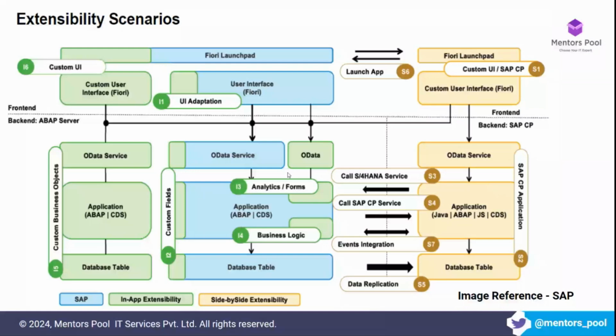The application layer also stays the same no matter which technology it is developed in. You just change the top layer, deploy it on SAP BTP, and host it on probably a central launchpad, either on-premise or on cloud. That's basically the side-by-side extension.